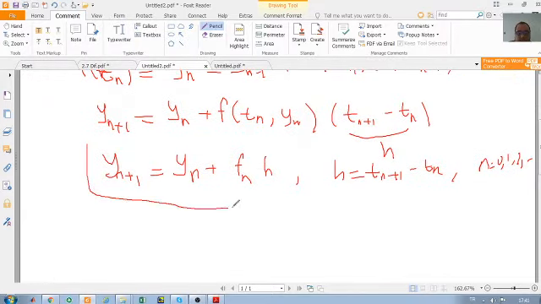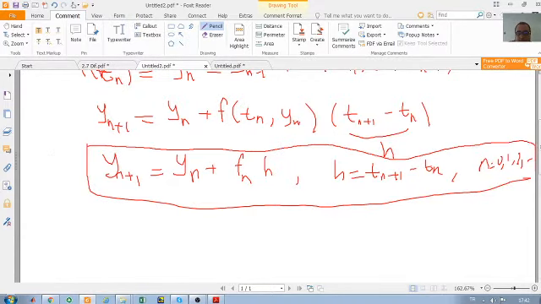So this is called the Euler formula for finding the numerical approximations for the value of the solutions of the differential equation.